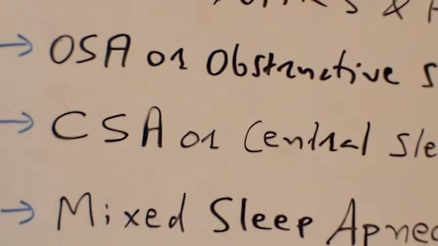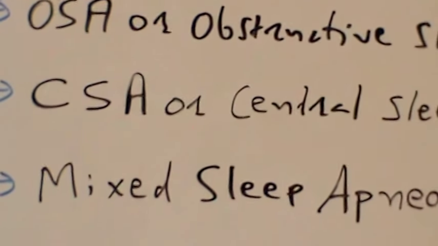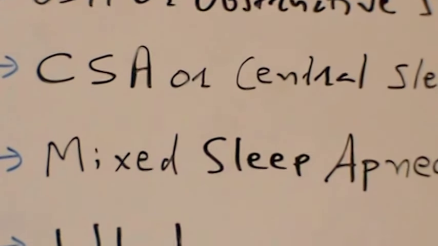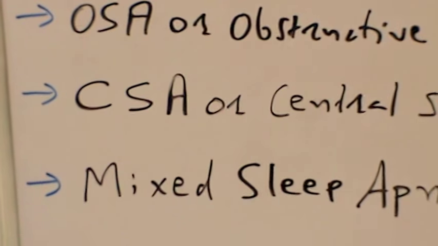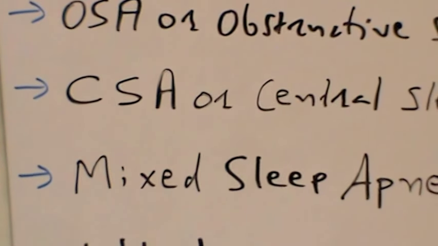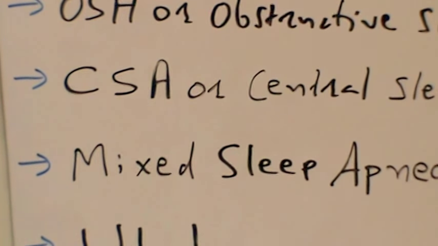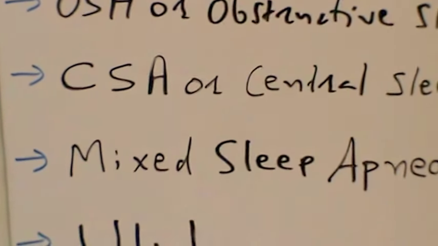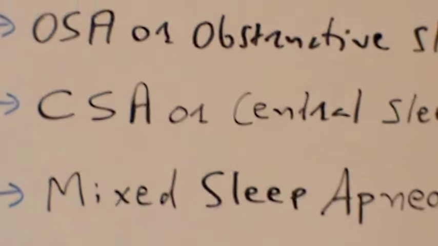CPAP is more reliably effective than oral appliances, but oral appliances may be easier to use. Some are designed to open your throat by bringing your jaw forward, which can sometimes relieve snoring and mild obstructive sleep apnea. Okay, so enough on the OSA or obstructive sleep apnea.